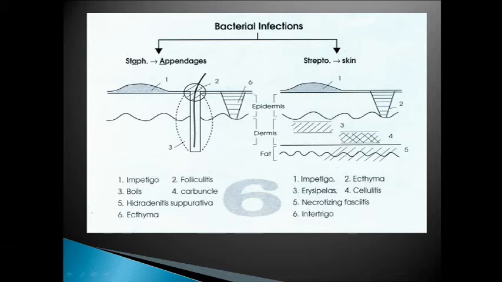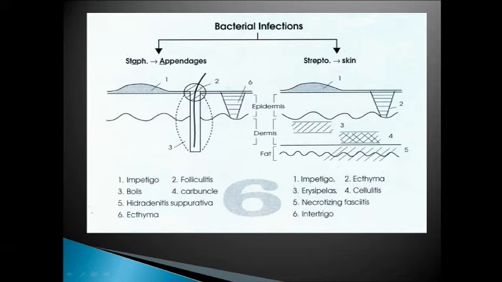Now here we can see there are three different layers of the skin. First is the epidermis, then the dermis, and the subcutaneous tissue. The appendages of skin are hair follicles and glands like sebaceous glands and apocrine glands. Most importantly, we should see which part of the skin is affected by various bacteria.